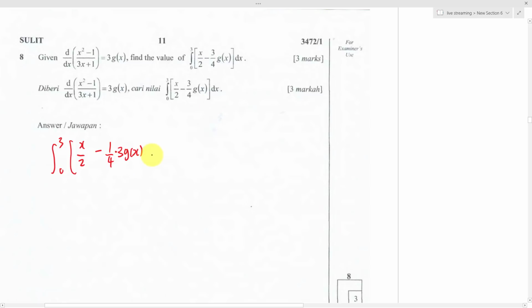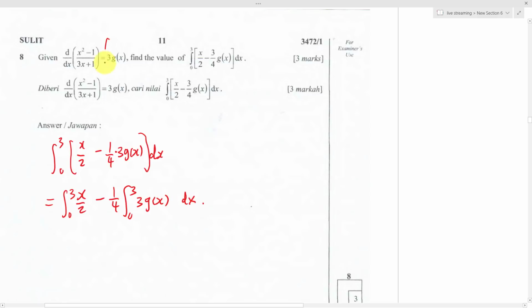I will do it like this first, and then integrate both of these. I put the 1 over 4 outside and integrate 3g(x), dx for both.